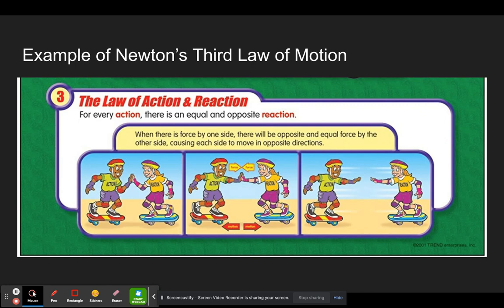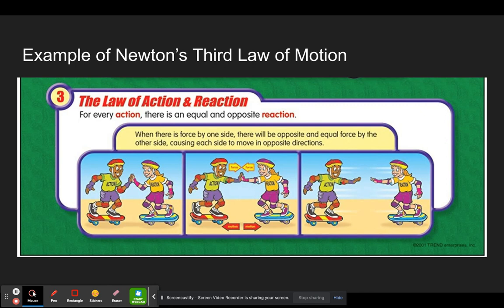Their force, their action, is going to cause their reaction to be to go backwards, because it's causing them to move in opposite directions. Since both of their forces are in front of each other, those forces combine, and it causes them to move in opposite directions, which is shown in the photo. They look like they're high-fiving, and then because their force is combining, the motion is going to make them go back, as you can see in the third image.